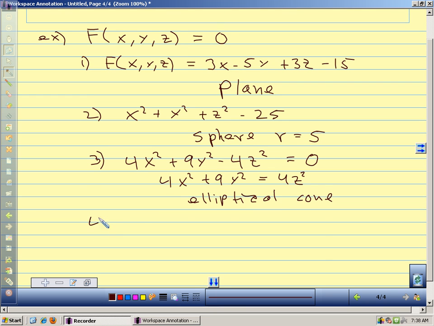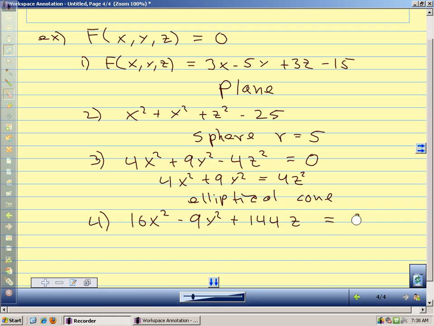And the last one that we'll look at looks like this. Our function is 16x squared minus 9y squared plus 144z, and we're saying that equals 0.